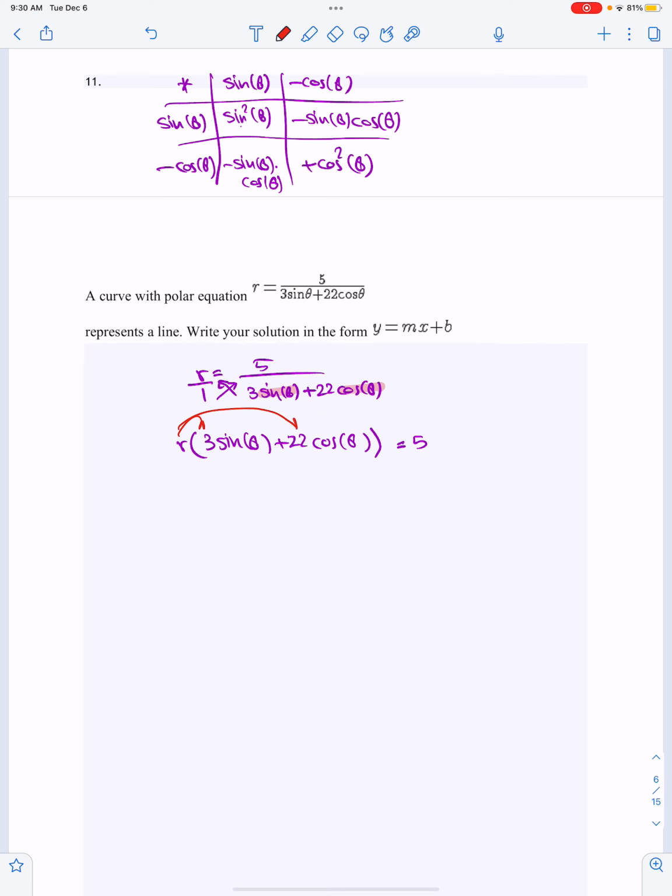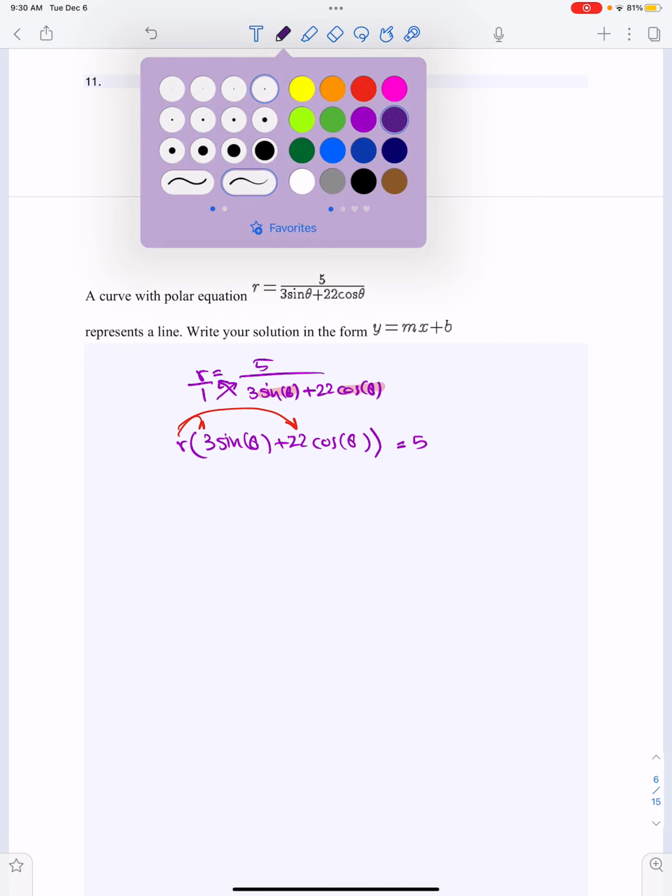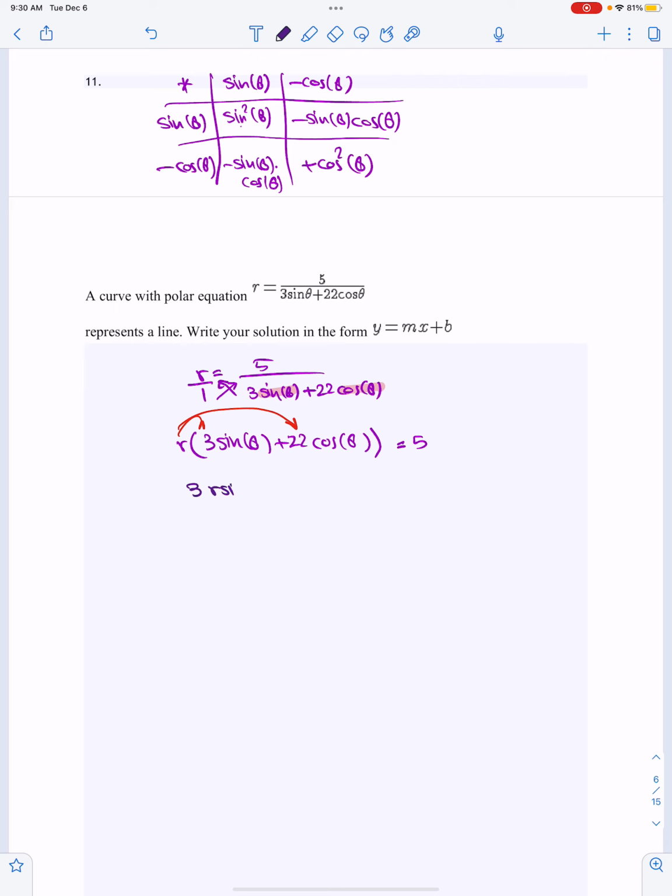Now we're going to distribute r inside, so you're going to get 3r sine theta. It doesn't matter in which order you put them. 2 times 3 is the same as 3 times 2, so multiplication is commutative. Plus r times 22 cosine theta becomes 22r cosine theta equals 5. We know that r sine theta is equal to y, so 3y plus, I know that r cosine theta is equal to x, so 22x equals 5.